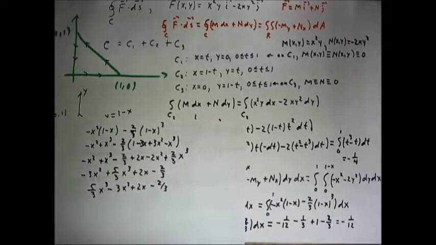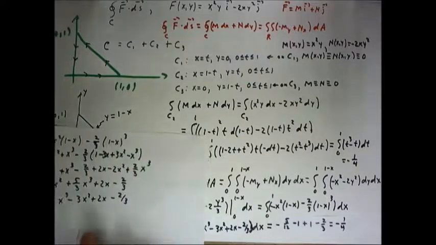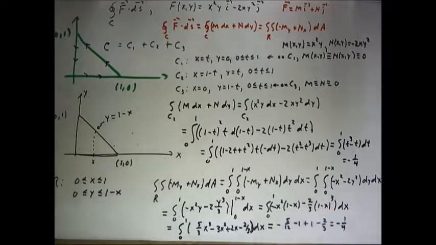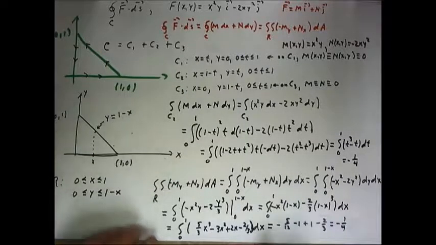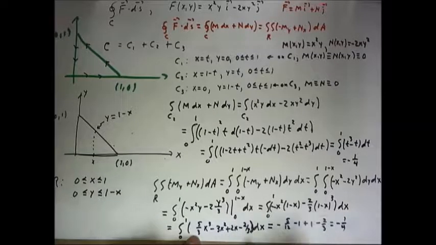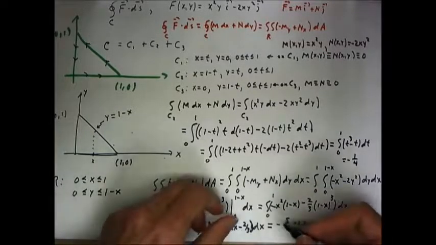Now let's double check and make sure I did that right. Okay, I believe that's correct. Replacing the integrand with the correct expansion of this expression, we get this. Integrating is very straightforward. X cubed over 4 gives us 1/4, 1/4 of 5/3 is 5/12, and that shouldn't be negative.